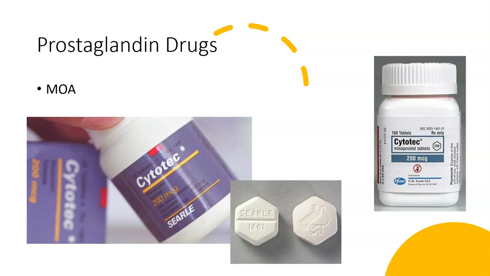To replace the prostaglandin that's being blocked by those other drugs, we're going to use the synthetic form of prostaglandin to restore that balance. So the drug identified as a prostaglandin agonist used to treat ulcers is known as misoprostol. Misoprostol, we have that drug stem.